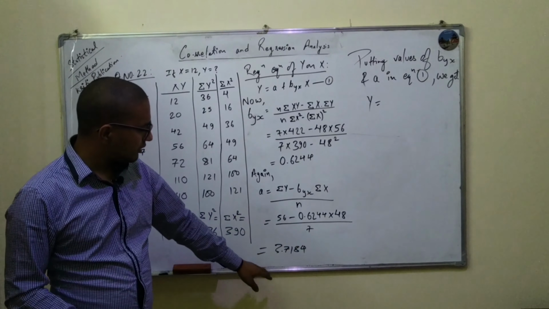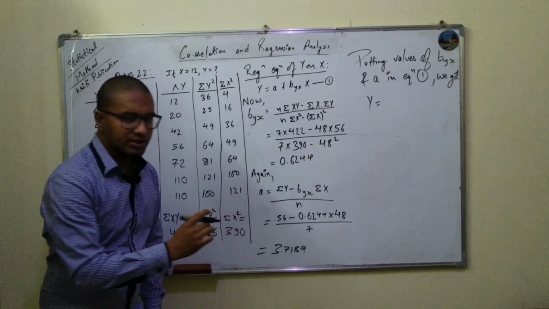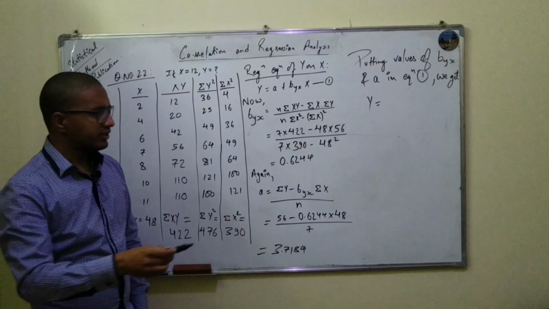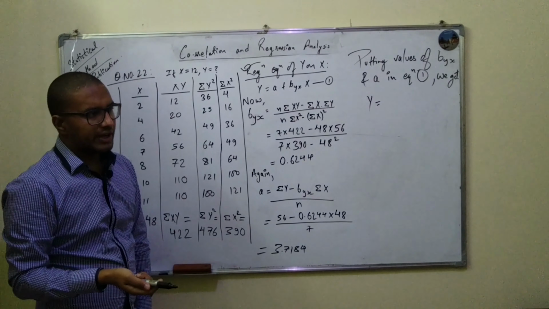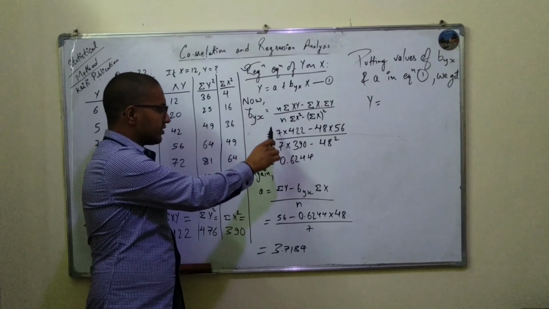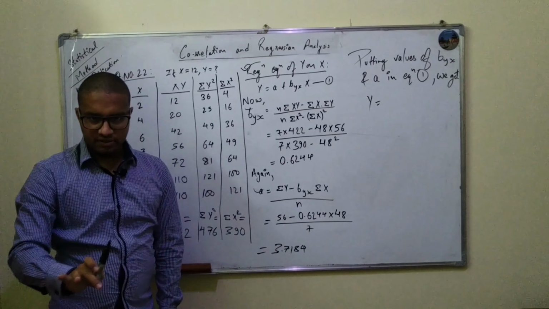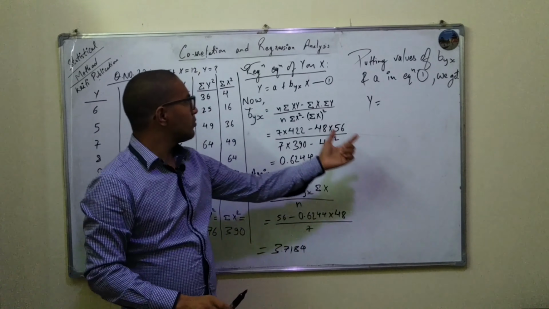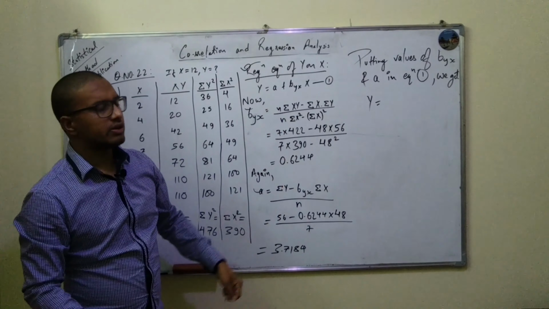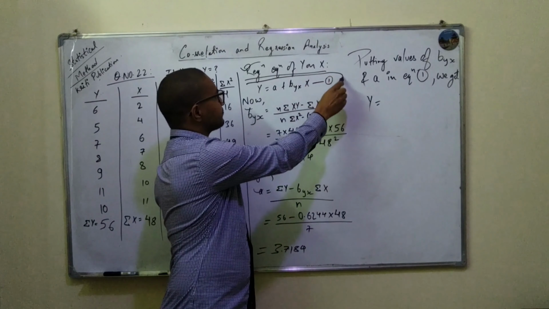In this way I have computed 3.7184. It's just simple computation. All you need to remember is the regression equation, whether it's x on y or y on x, then the formula for the slope and the formula for the intercept, and then we put the values in equation number 1.